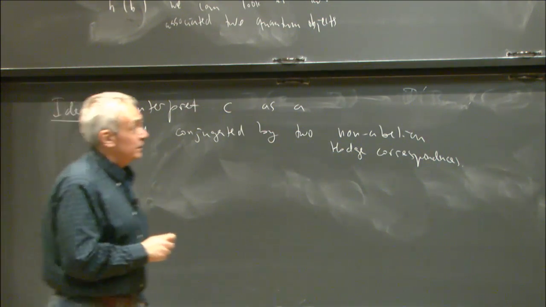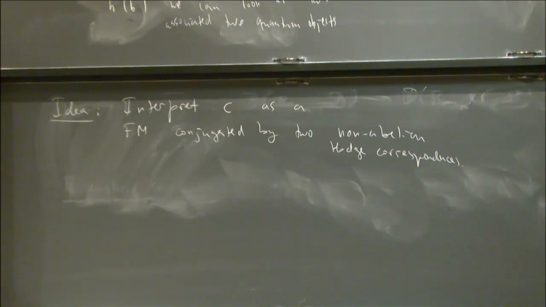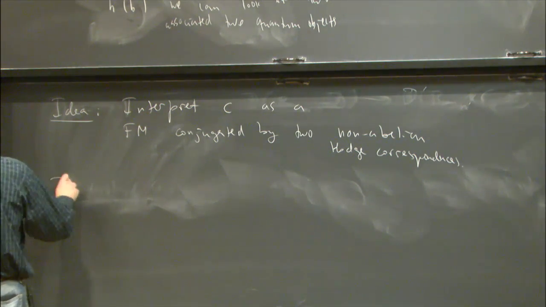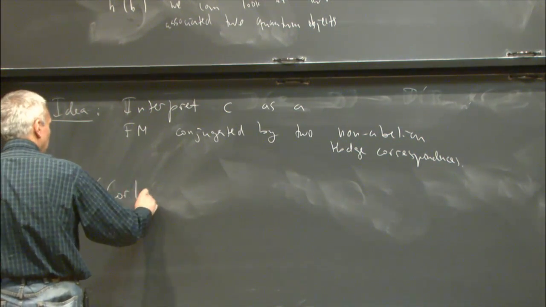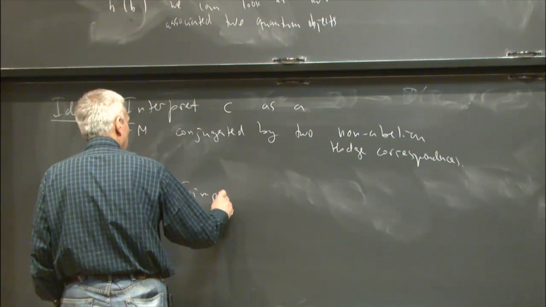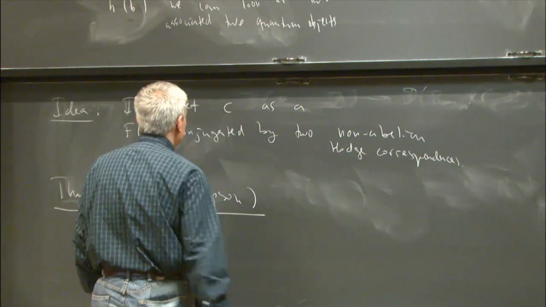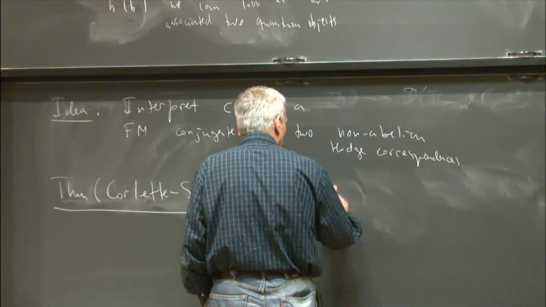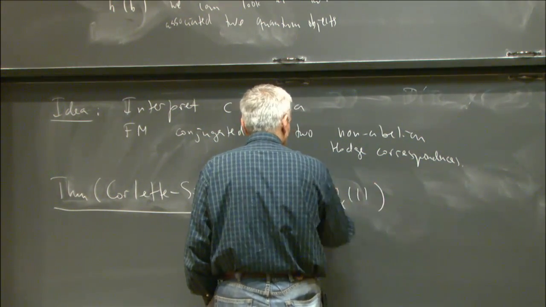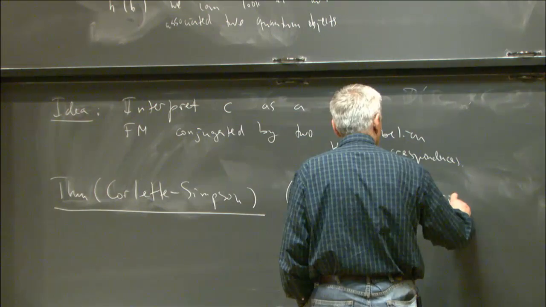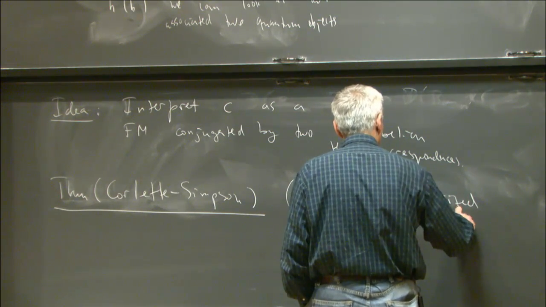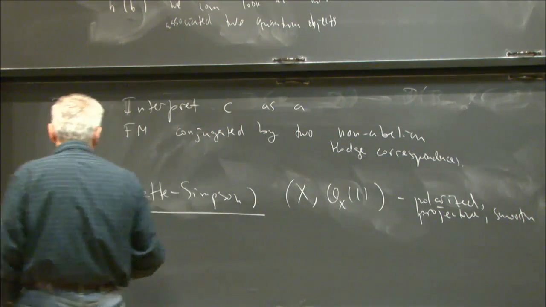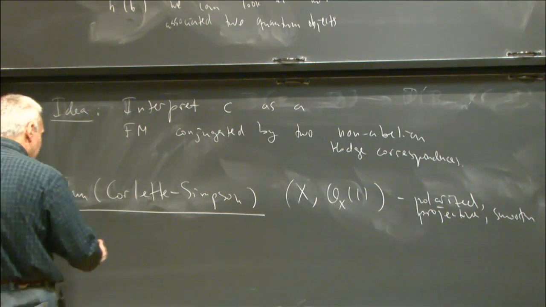So let me try to explain that. The non-abelian Hodge correspondence, the Corlette-Simpson theorem, says that if you have, say, a smooth polarized projective variety, then there is some equivalence of categories.